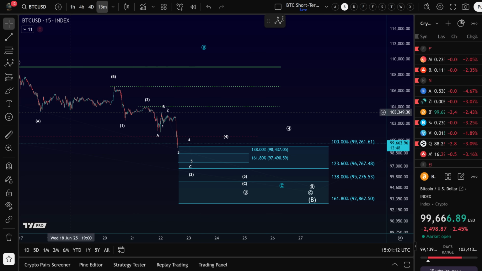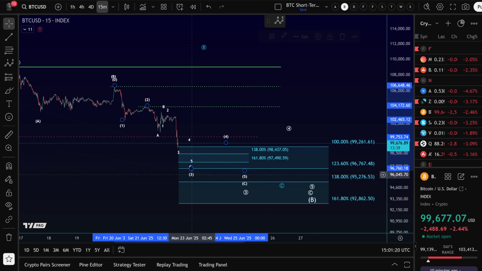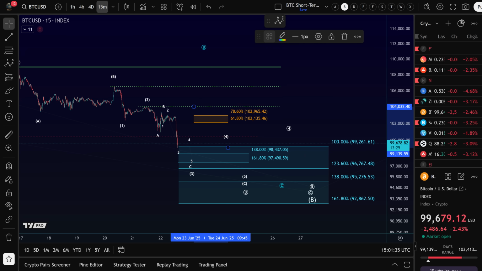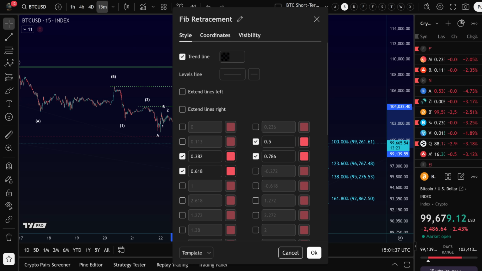So also looking at the fib extensions, the 98,437 level is the ideal target for this third wave, the first ideal target. So we should get at least there, maybe a little lower. Now the resistance for the 4th wave is, because we're dealing with a diagonal, at the moment defined in this region here.